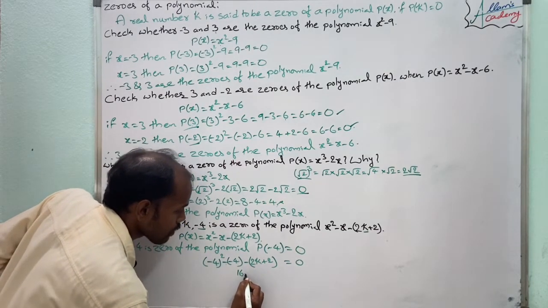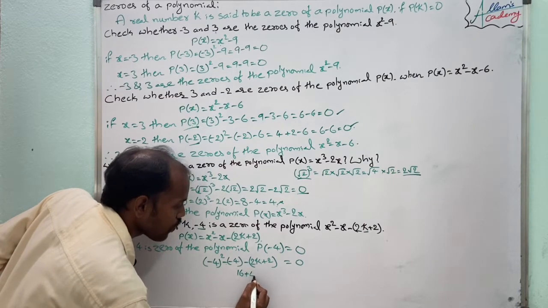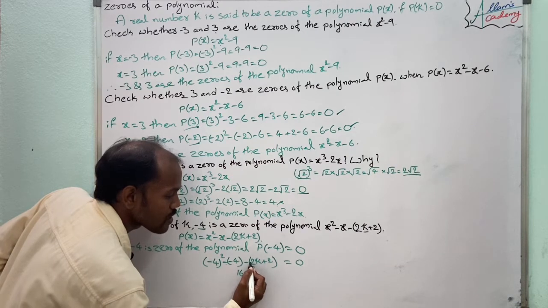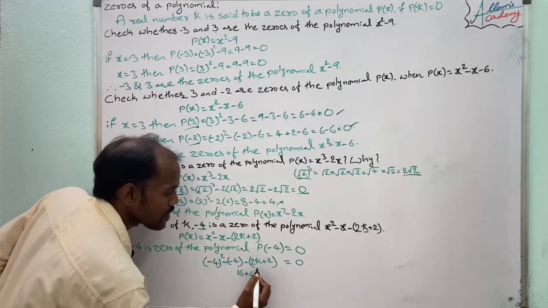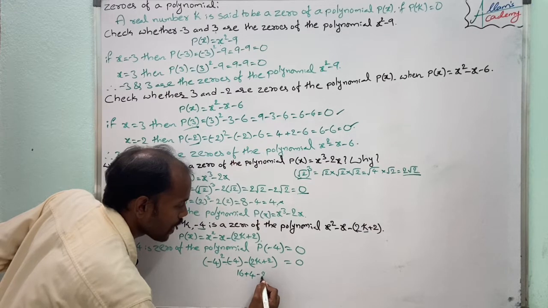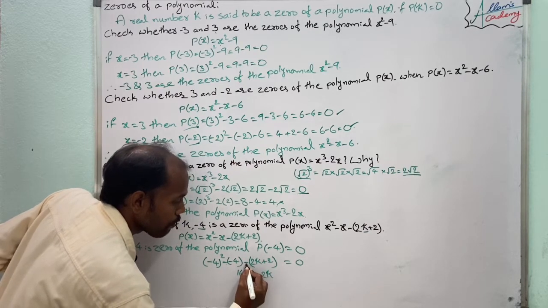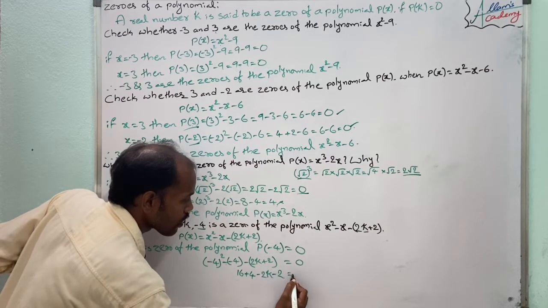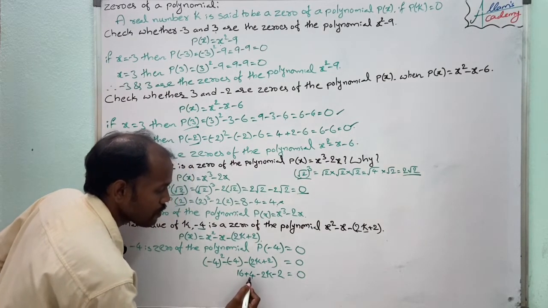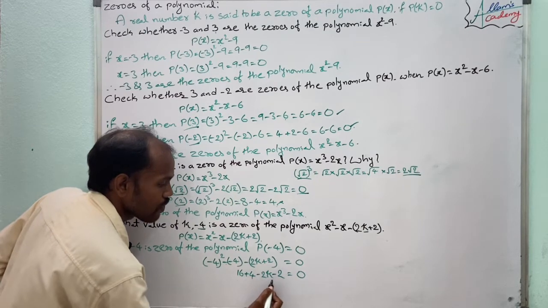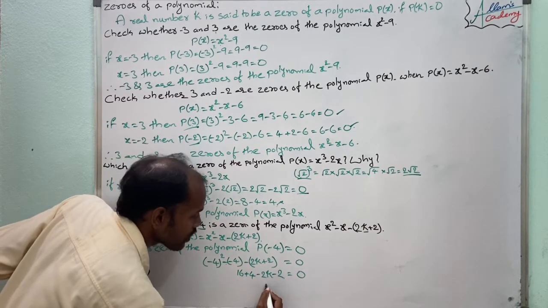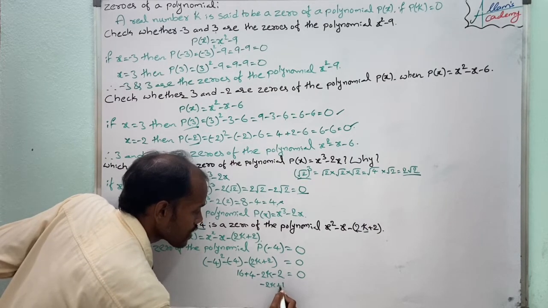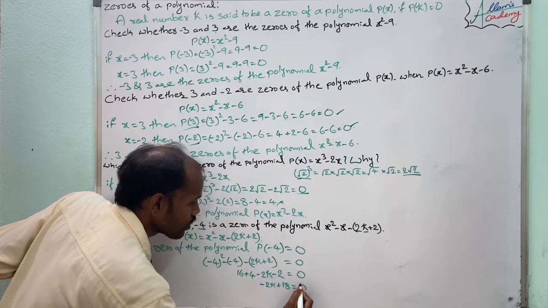Minus into minus is plus 4. Minus 2 multiplication: 2k has a plus symbol before it, minus into plus is minus 2k, and minus 2. 16 plus 4 is 20, 20 minus 2 is 18, so minus 2k plus 18 equal to 0.